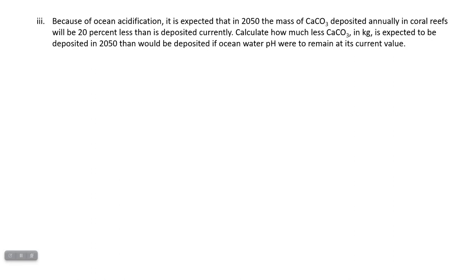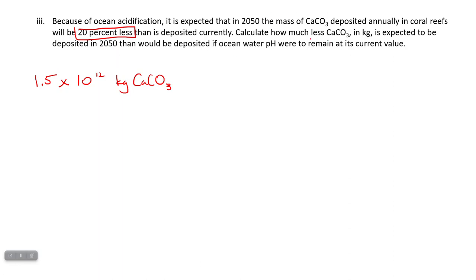Now, it says, because of ocean acidification, it is expected that in 2050, the mass of calcium carbonate deposited annually in coral reefs will be 20% less than what is currently deposited. We have that number from the previous question, which was 1.5 times 10 to the 12th kilograms of calcium carbonate. That's how much is deposited annually.